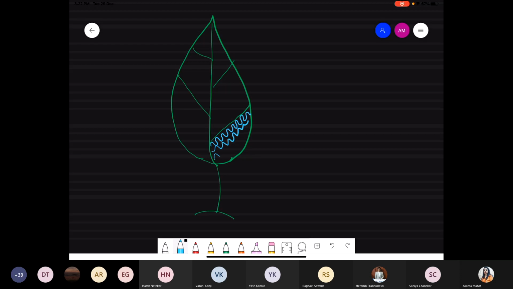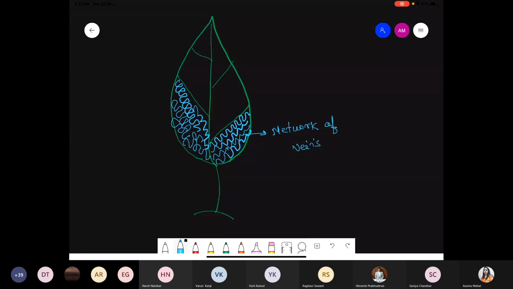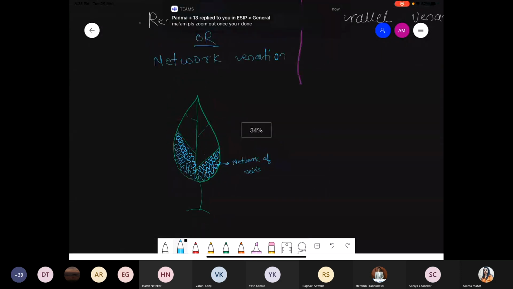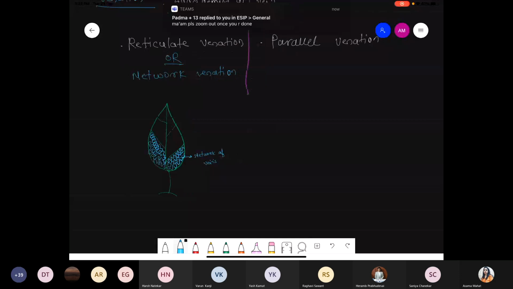If you see the leaves, they are showing the reticulate. So such a kind of network is present. Your choice, you can draw like this, it should look like a network. There is no proper arrangement, it will be in a zigzag manner like this. Such venation forms a network, a network of veins, and it is simply called reticulate venation, which is very common in dicot leaves.